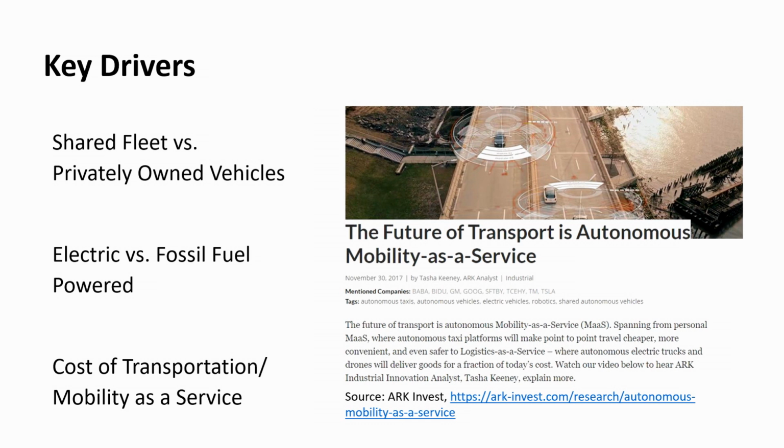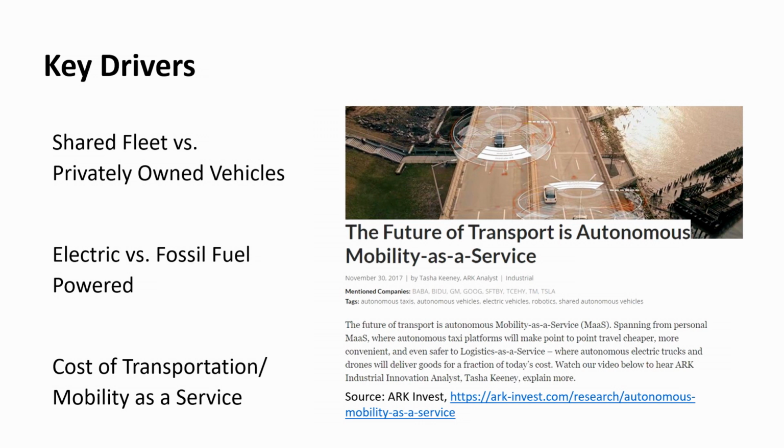And then there's a third, I call it a wild card, which is the potential for very much decreased cost of transportation resulting from AVs, and this notion that's referred to as mobility as a service or transportation as a service. It's generally believed that AVs will dramatically cut the cost of vehicular transport, eliminate the cost to the driver, and make more efficient use of the cars in service.